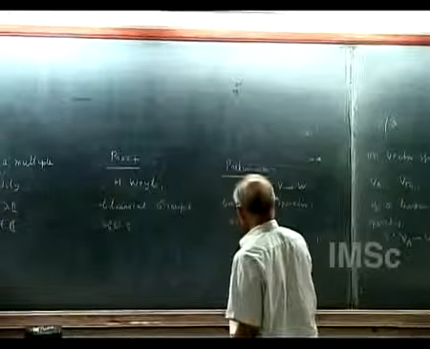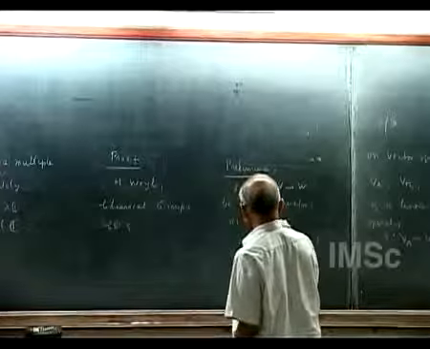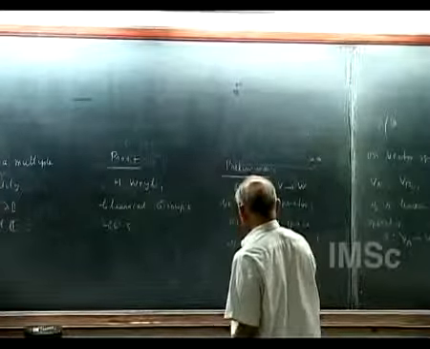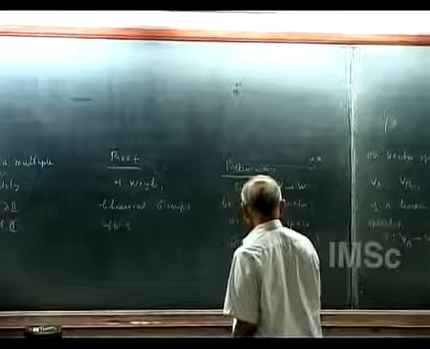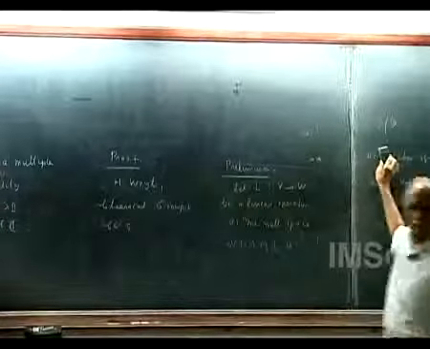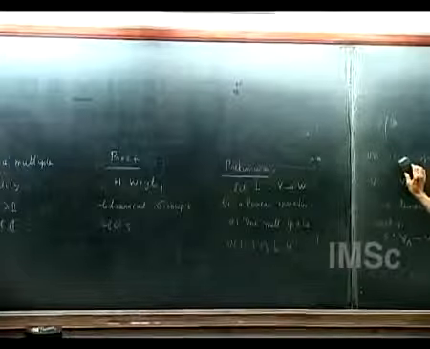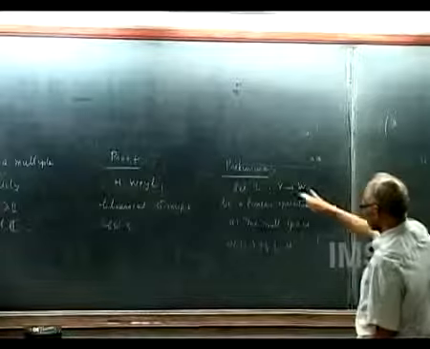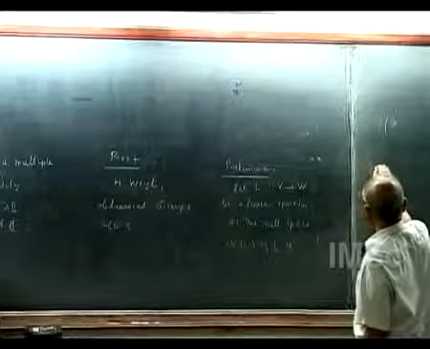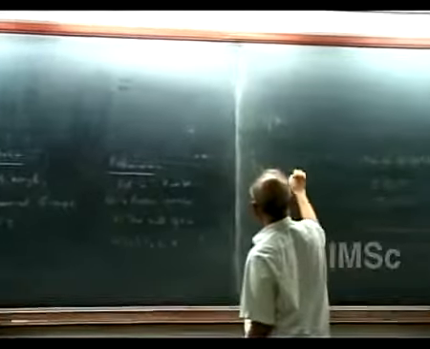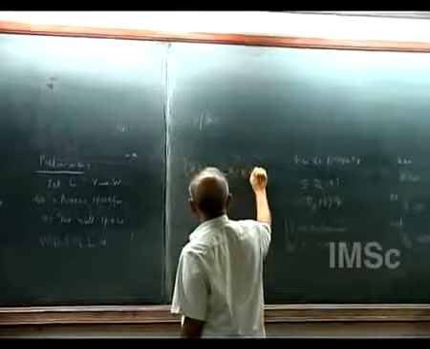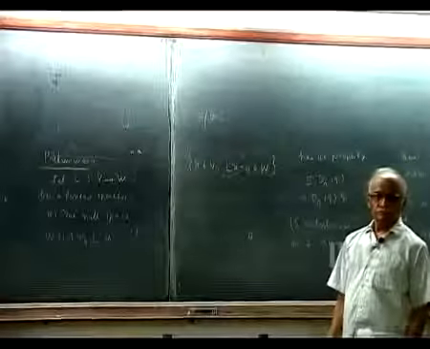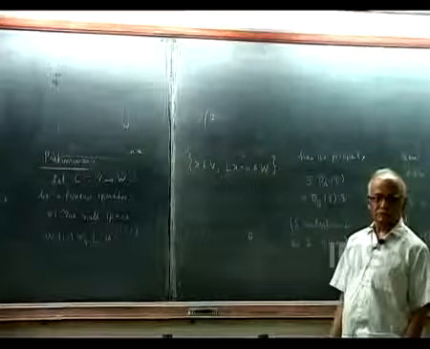The null space, you know what it is? N(L) is all the vectors which it annihilates, a subspace of V, the set of all x in V so that Lx is 0. Of course, the 0 is in W. So, these are all the vectors it kills off.